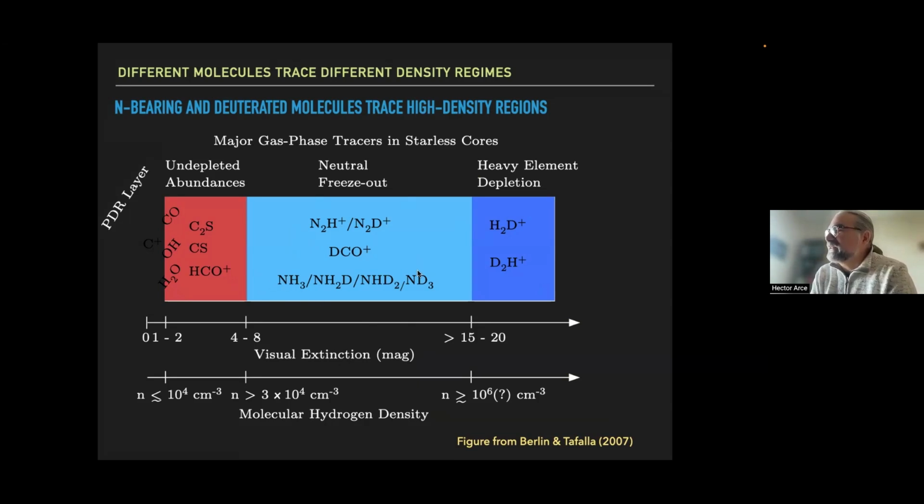To go to deeper and higher density regions, we use different molecules to trace those different layers inside the clouds. And as you would expect, the gas that is deeply related to the star formation process would have to be dense. And so if we want to study what's happening to the gas that is clearly associated with the star formation process, we would like to probe the denser regions.